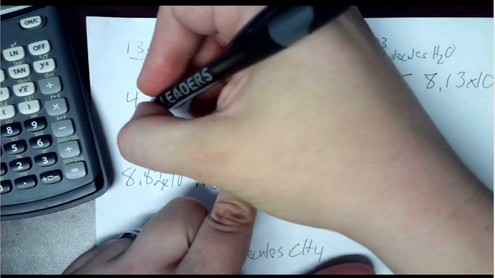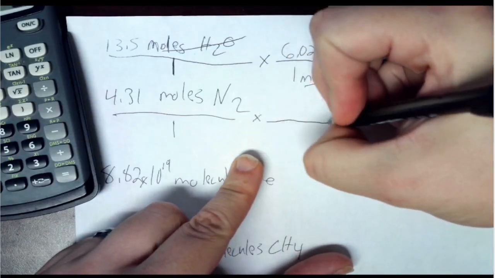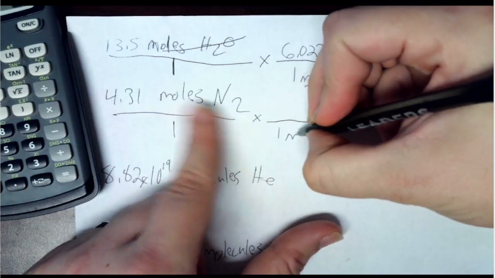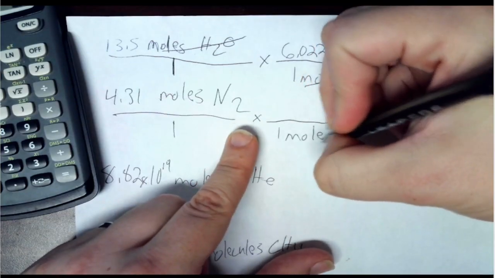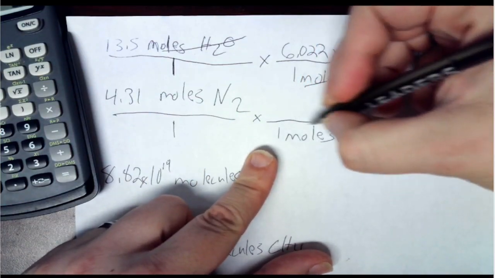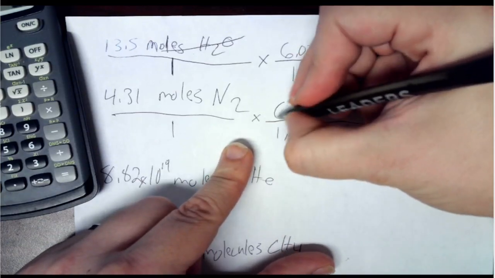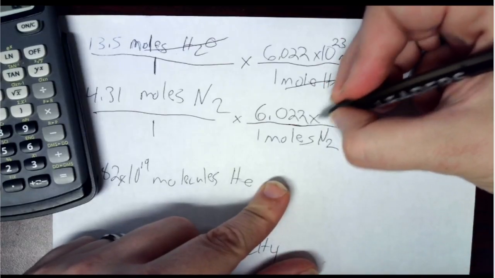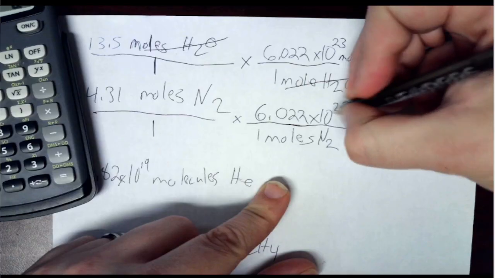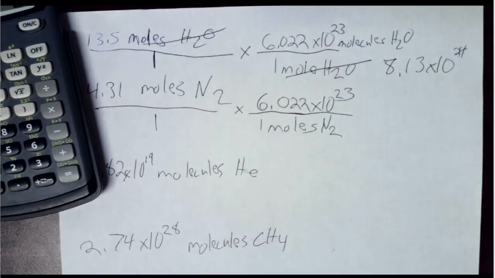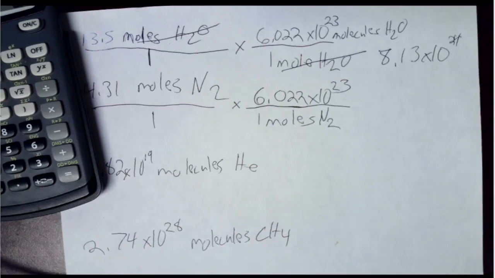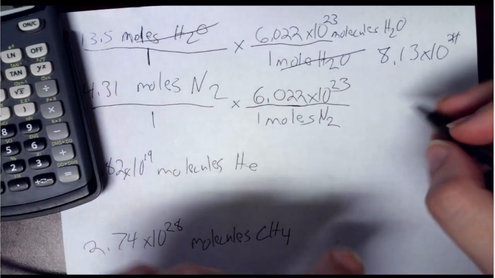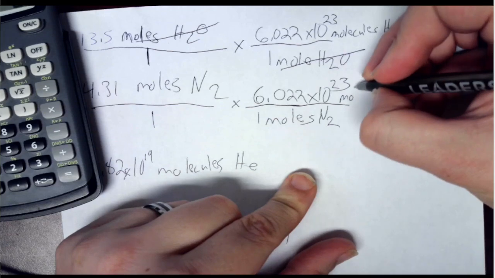Turning this, set that over 1. Since there's 1 mole up there, we want 1 mole. Since there's 4 moles up there, I want 1 mole of nitrogen down there. How much is that? That's 6022 times 10 to the 23rd. That's molecules of N2.